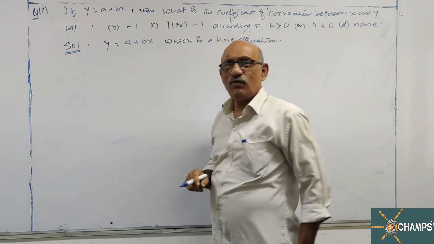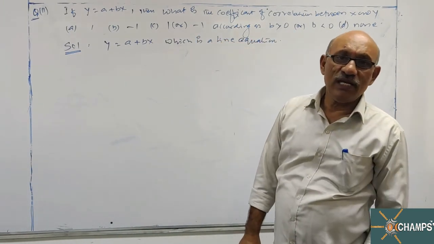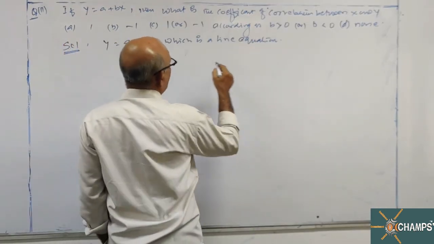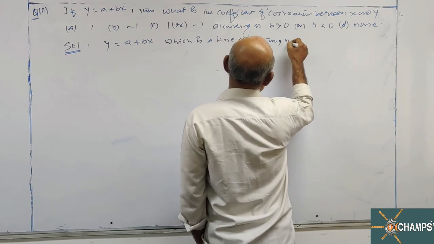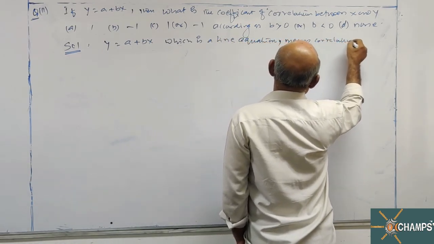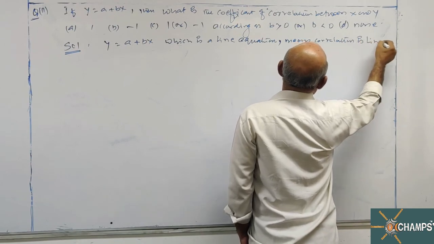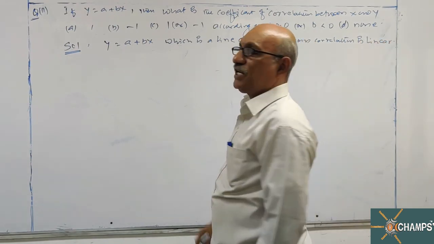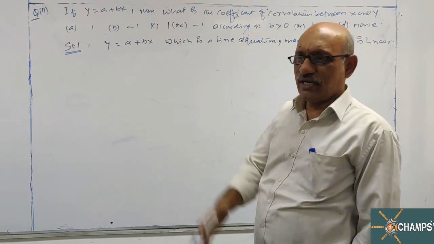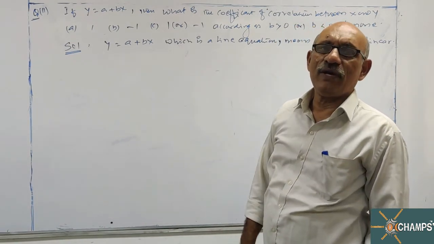When it is a line equation, it means correlation is linear. When it is a linear correlation, graph is a straight line, that we know very well.